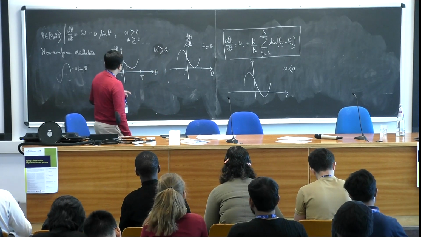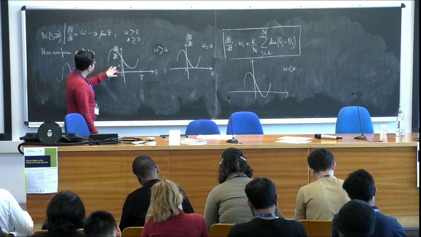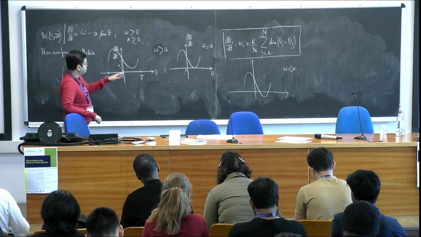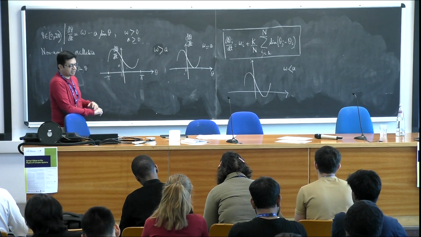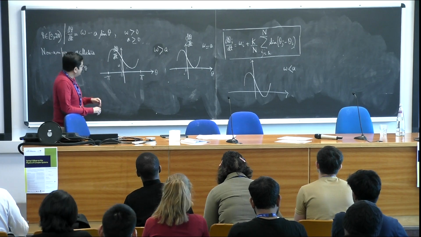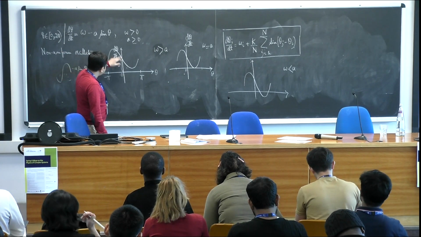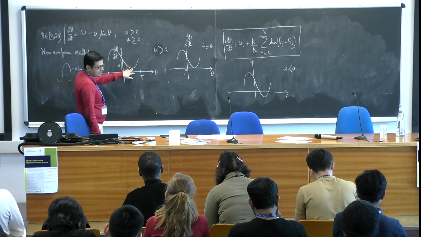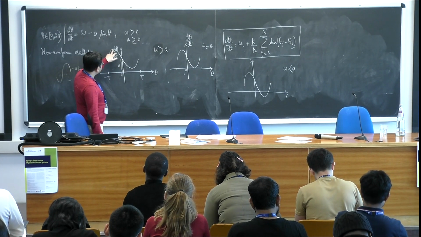Yeah, I think so. See here, is there a value of theta at which d theta dt can ever become 0? No. What will happen is that d theta dt will be very close to 0, or let's say it will take up a small value here, and here it will take a large value.